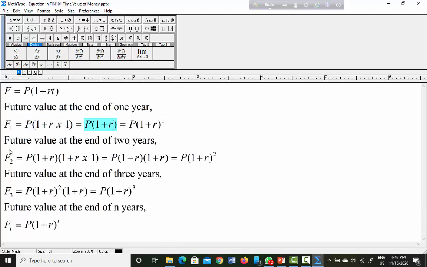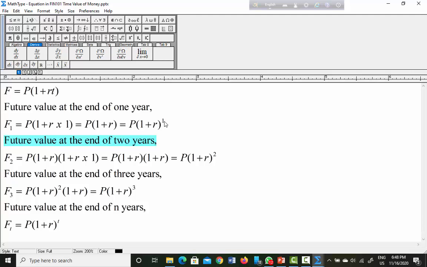Right. So future value at the end of 2 years will be what? Remember, compound interest means interest will be paid or charged not only on the principal amount but also on the interest.